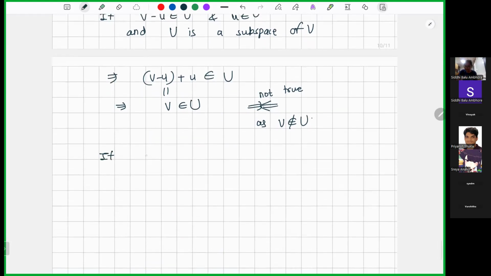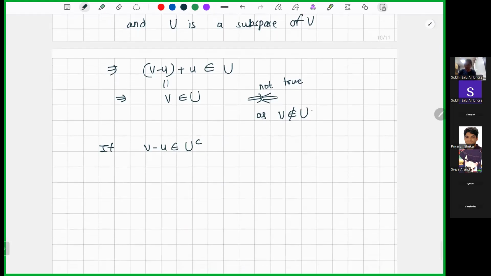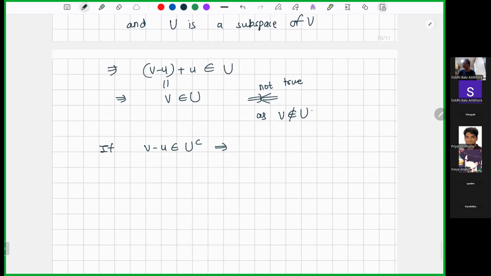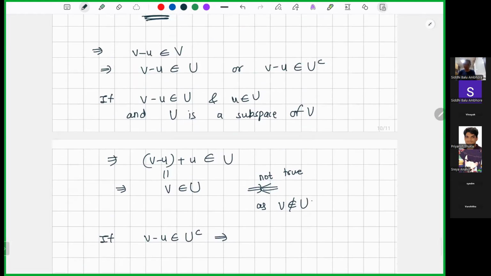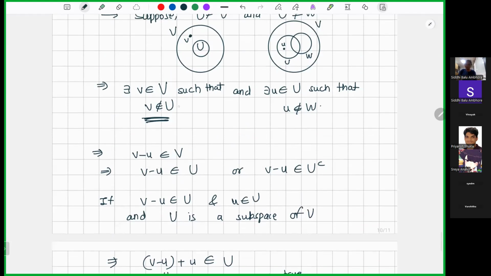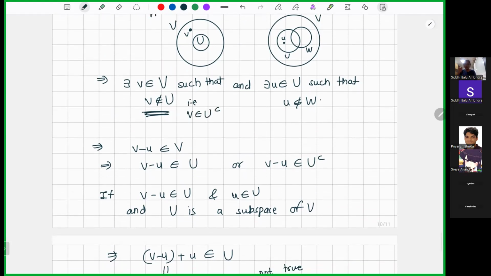And the other possibility is that this v minus u belongs to U complement, right? If a point from V is not in U, then it must be in U complement, right? So if this point is in U complement, and I also have that v belongs to U complement from here, because v does not belong to U, that is v belongs to U complement, right?